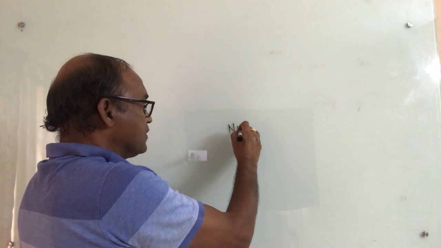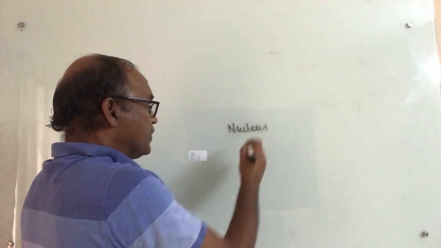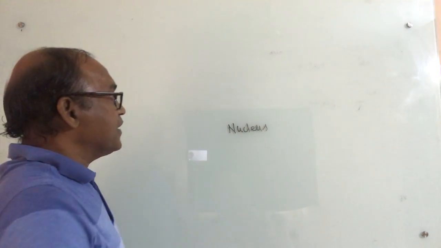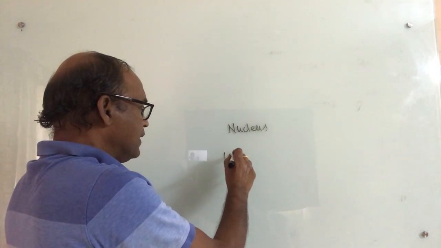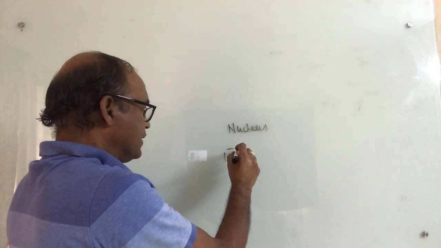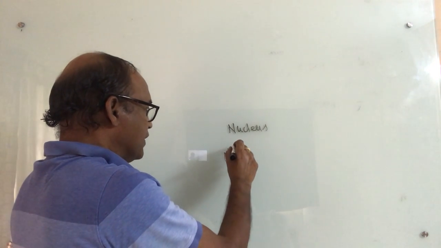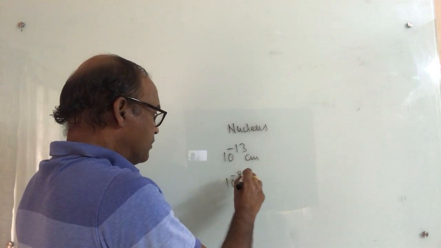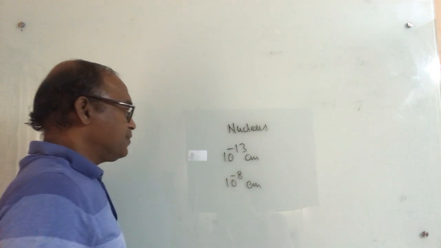Before going to discuss the postulates of Rutherford, we will further convince ourselves that the nucleus is the densest part of the atom, where the entire mass is concentrated, and the boundary of the atom is quite far. Typical nucleus size was 10 power minus 13 centimeters. Typical atom size is 10 power minus 8 centimeters.